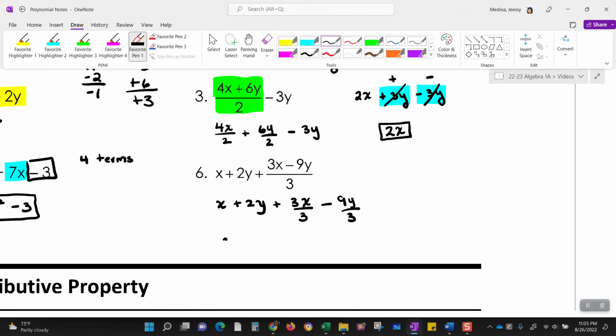Okay, we're still simplifying. When you get really good, sometimes you can simplify in one step. 3/3 becomes a 1. And remember, we don't write the 1. It's just a 1. Okay, that's an understood 1. -9/3 is -3. And don't forget the y.